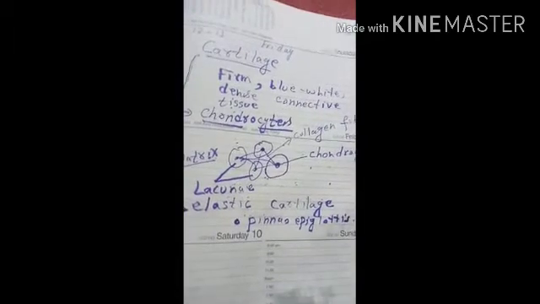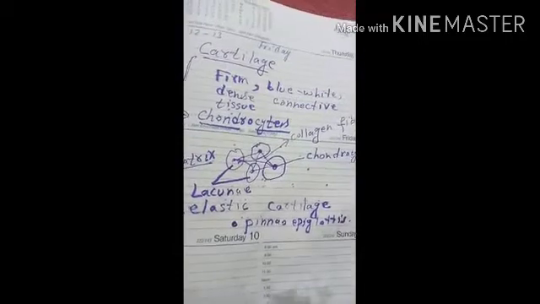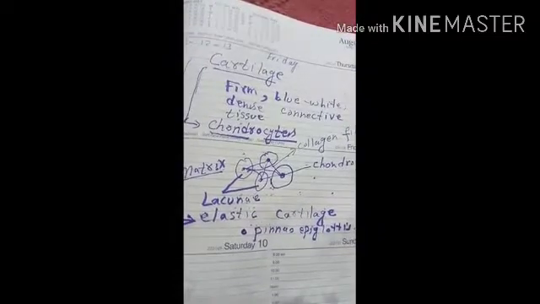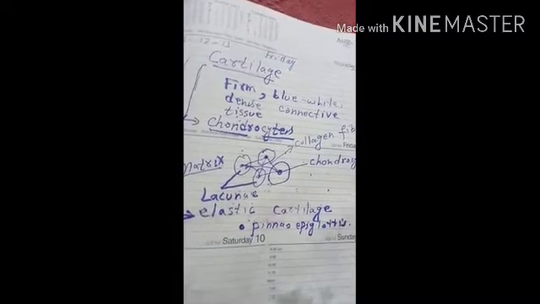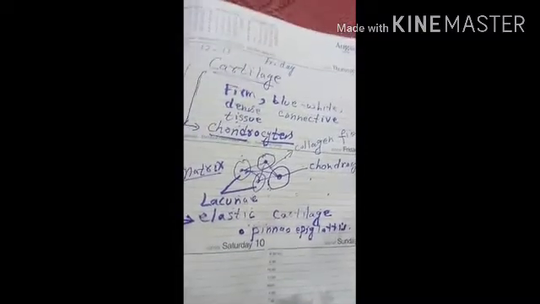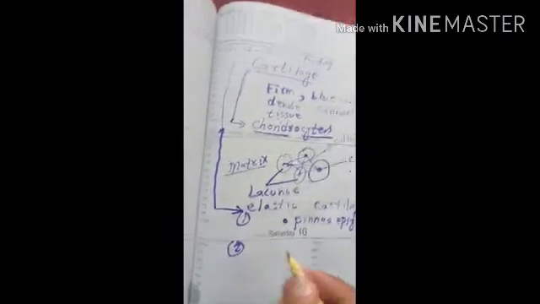Epiglottis is a flap of cartilage present on the top of the glottis or trachea. It continues to shut and open the trachea with the flow of food and air respectively. You can also define elastic cartilage as a cartilage which is present in flexible parts of the body like the pinna, epiglottis, etc.